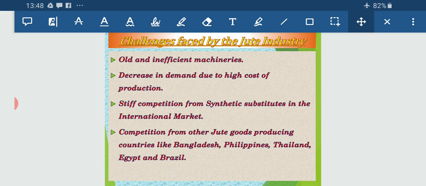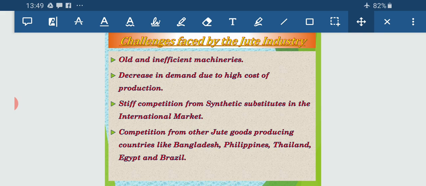Number 2, the demand for jute products is gradually declining. Why? Jute products are costlier compared to synthetic products. So the demand is gradually declining, and they are facing stiff competition from synthetic substitutes in the international market, and also from other jute producing countries like Bangladesh, where 3/4 of the jute producing areas of India are located.